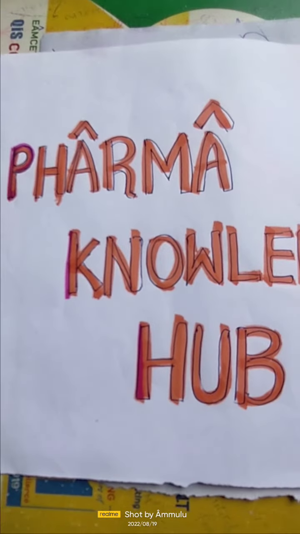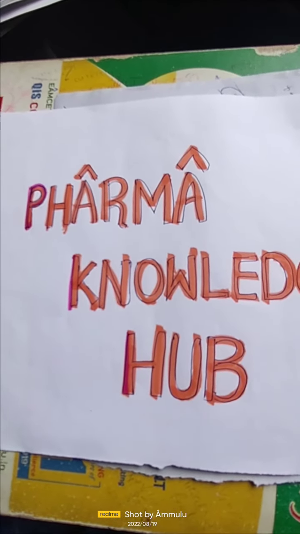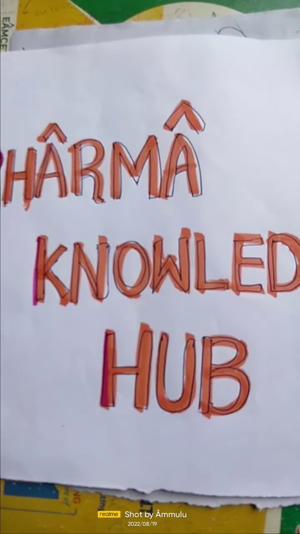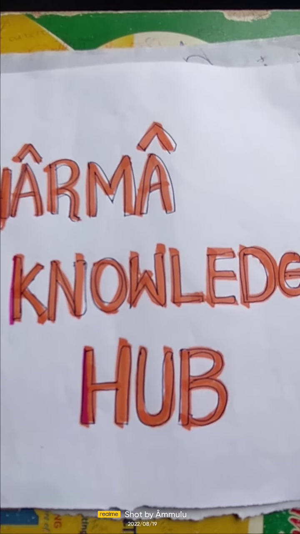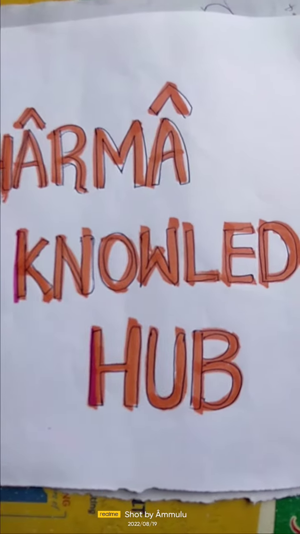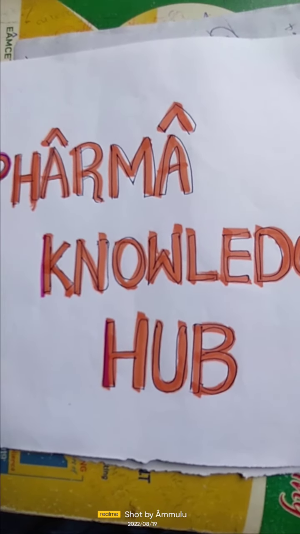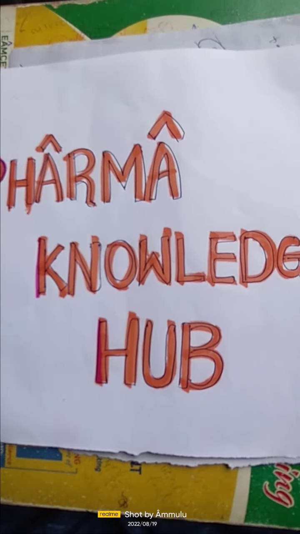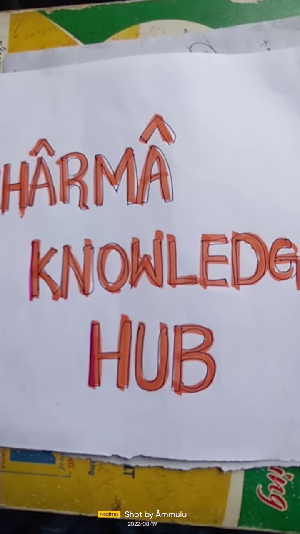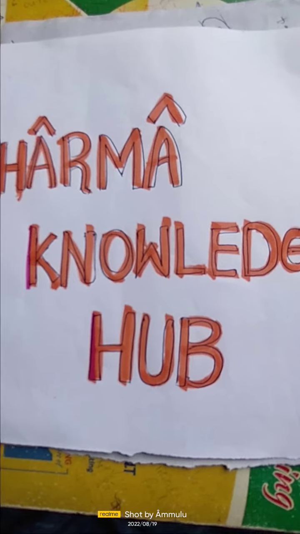Where we come to the systematic errors, that is nothing but the determinate errors. These determinate or systematic errors have a definite value, means the exact value is seen in these systematic errors.